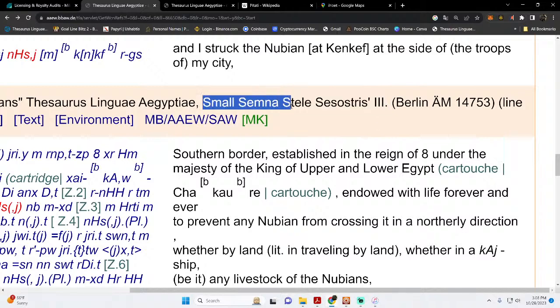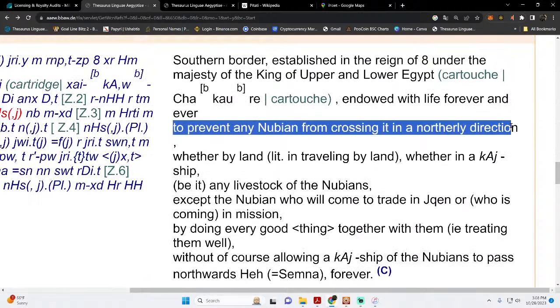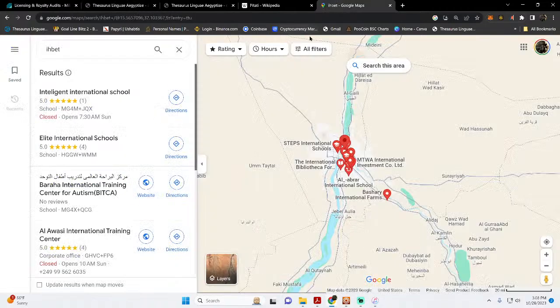Now on these Semna stelae, Semna is below the second, in between the second and third cataract. You must be late in the video. I ain't did a wiki in hella long. But Semna is below the third cataract. It's in between the second and third. So it makes no sense to think that this means he put a stela up between, let me show Semna.